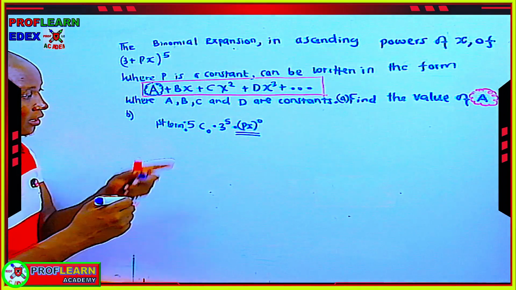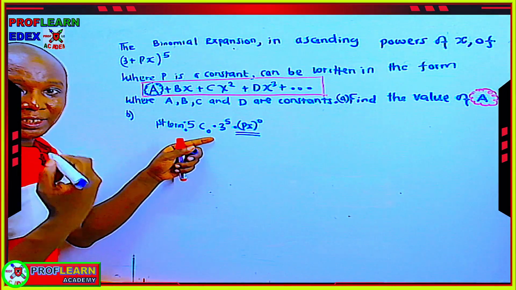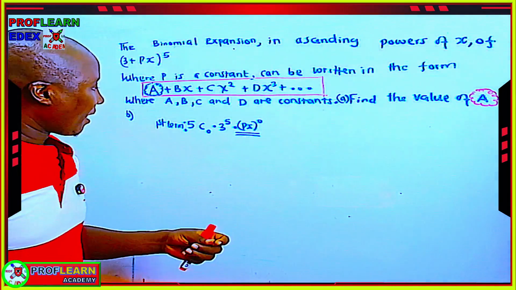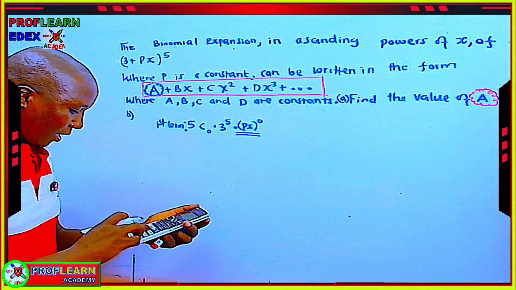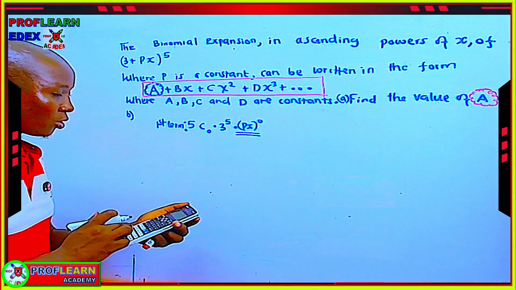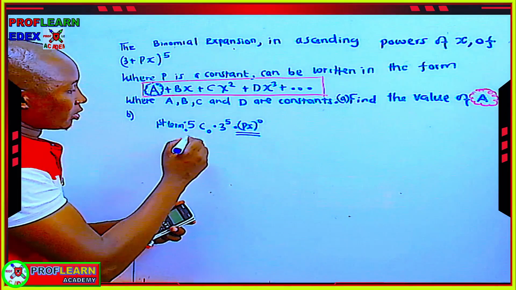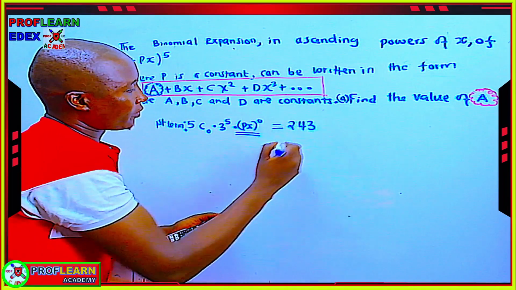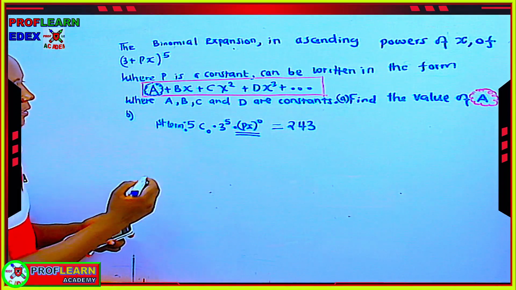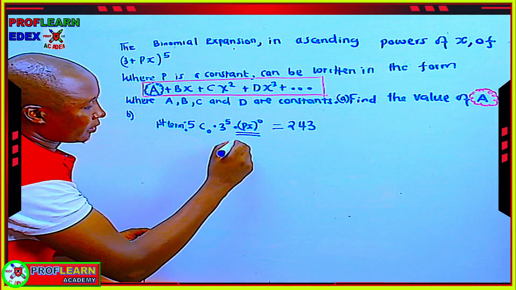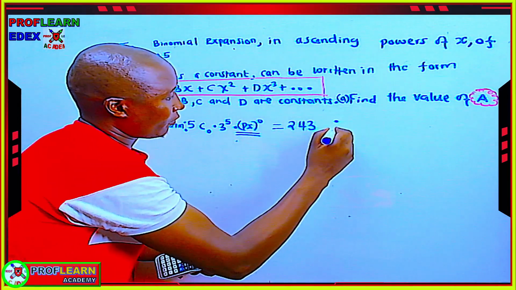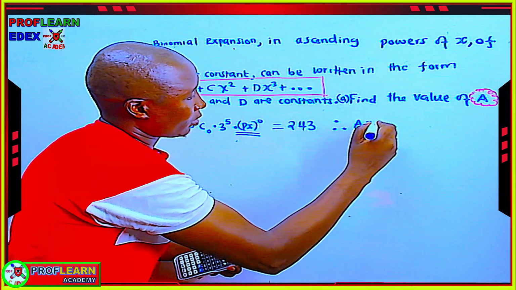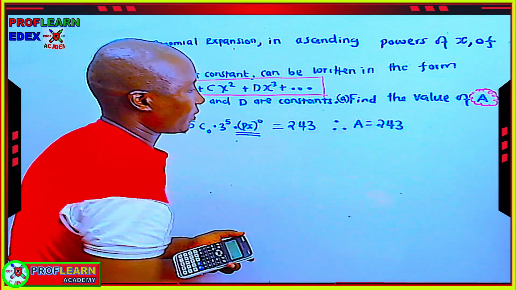Then 5 combination 0 is basically 1, and 3 raised to power 5 is going to be 243. So if you put this in your calculator, you get 243. So our a is 243. Therefore a equals 243.